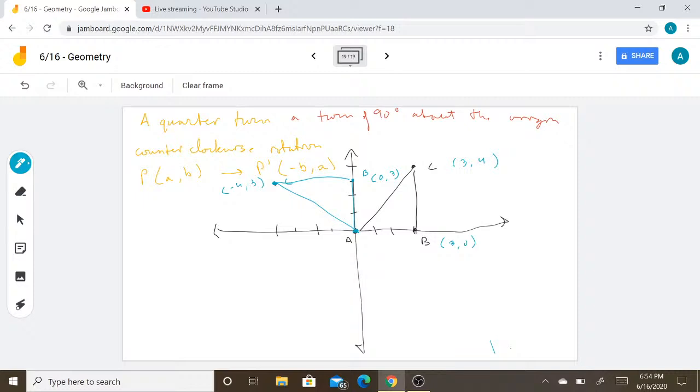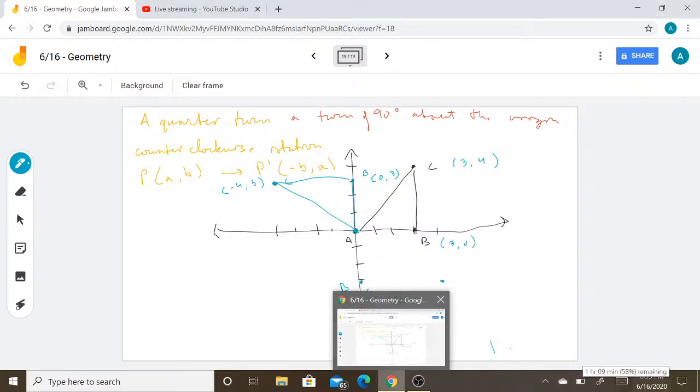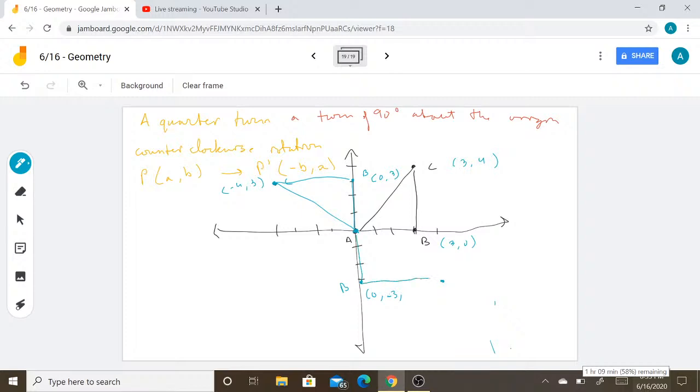So B would be turning clockwise, so this direction, and it would become 0 comma negative 3, and C would be 4 comma negative 3. And again, A would stay the same because that's where the rotation is happening. So if we connect these points, this is a clockwise rotation of this original figure.